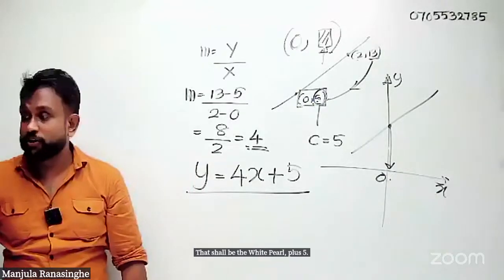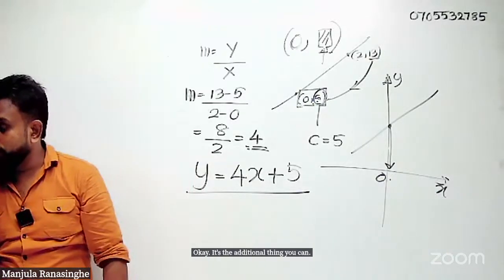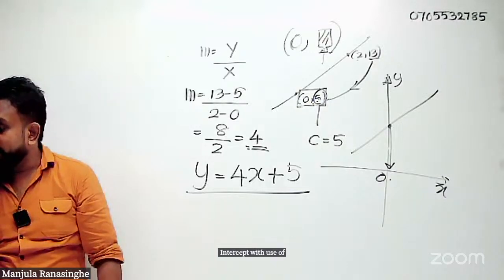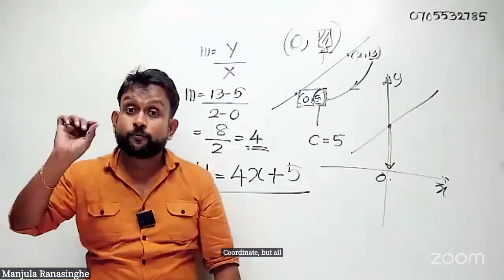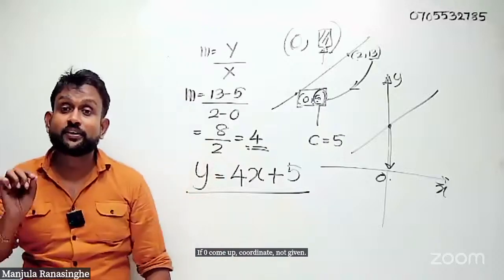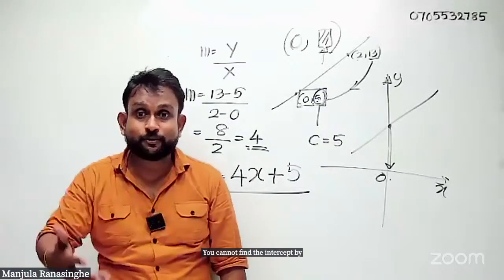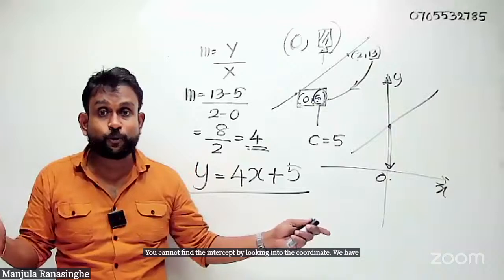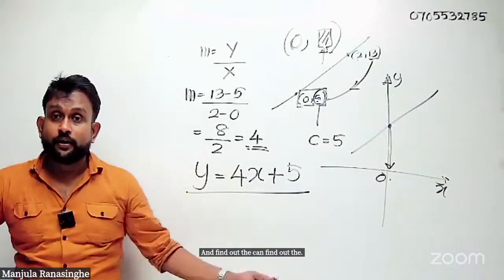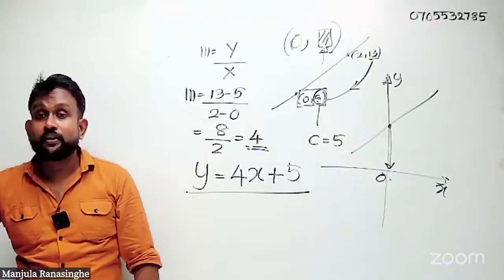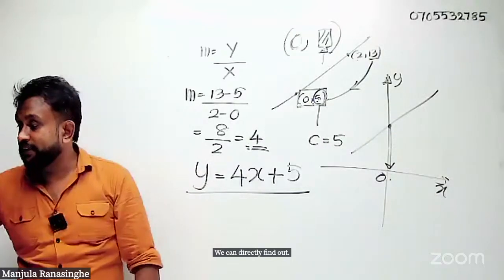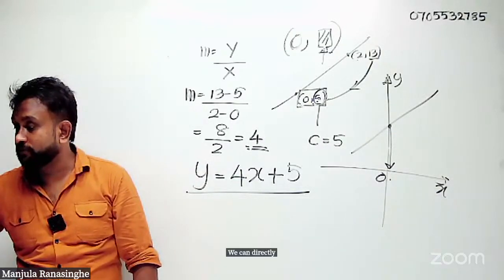If the 0 comma coordinate is not given, you cannot find the intercept by looking at the coordinate. We have another method: we can substitute a given coordinate and find out the intercept. But here we can directly find the values.